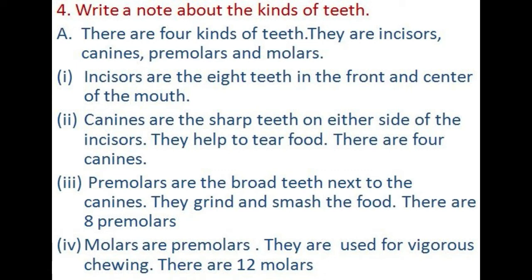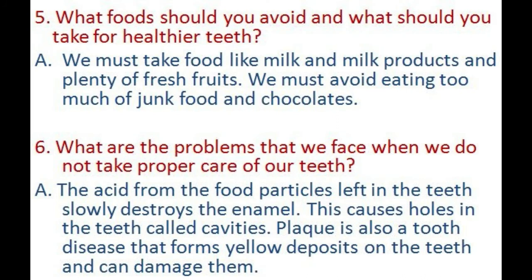They help to tear food. There are 4 canines. Premolars are broad teeth next to the canines. They grind and mash the food. There are 8 premolars. Molars are behind the premolars. They are used for vigorous chewing. There are 12 molars.